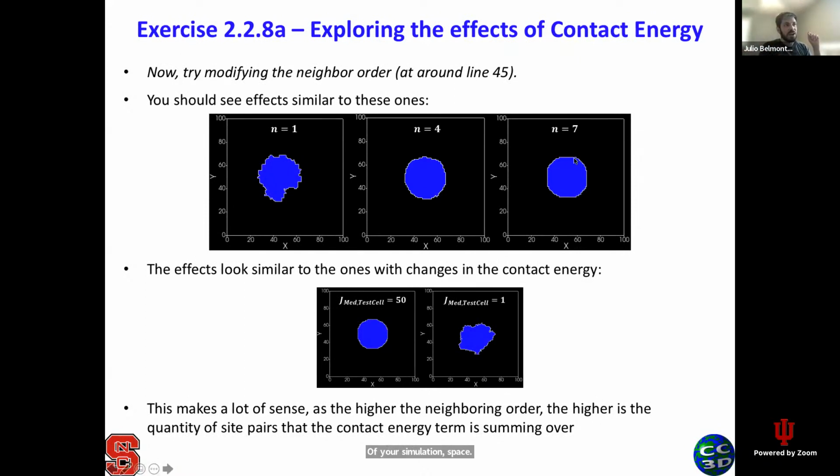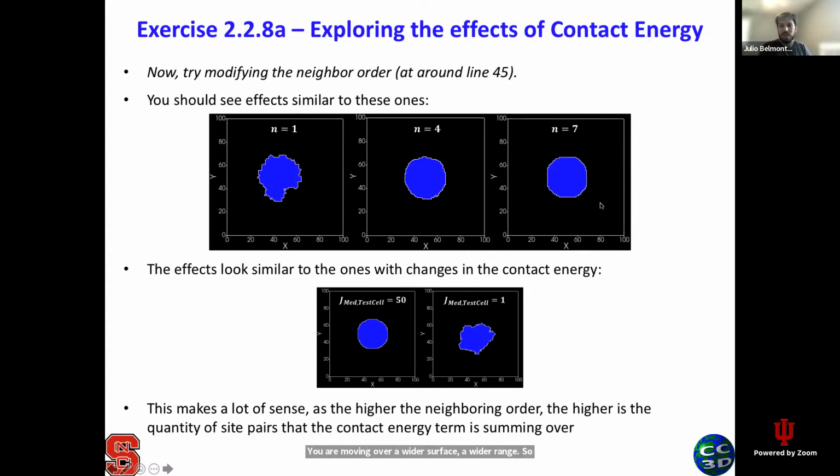So the smoothing effect that the contact energy has will be more long range, and you end up with a more rounded cell than what you had before. At 4, it's very local, so you still round your surface, but it's not quite perfect. And here you are smoothing over a wider range. So the cell as a whole looks much smoother than we had before.